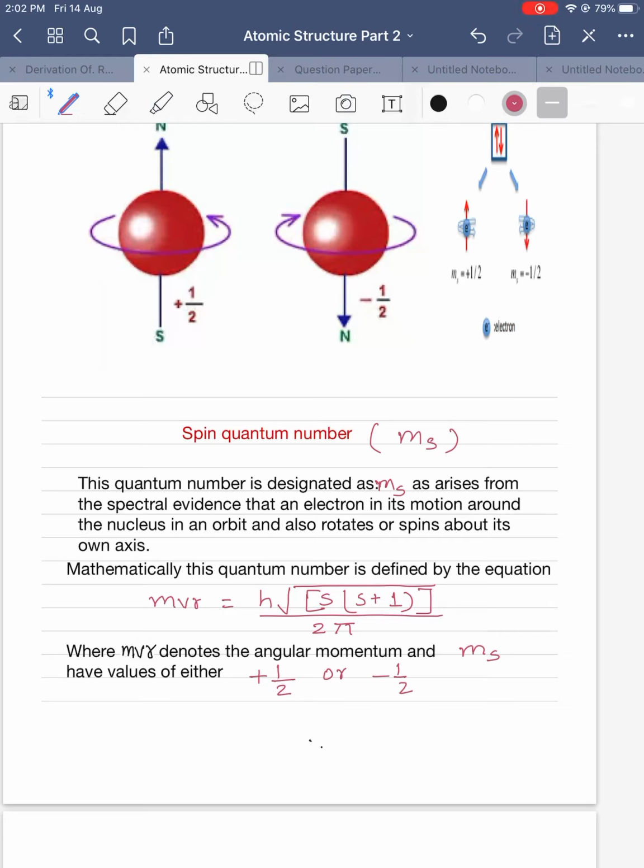Thus, the spin quantum number describes the direction of spin. When the angular momentum is positive, the electron is oriented as spin up, and when it is negative, the orientation is spin down. Clockwise and anti-clockwise spins of electrons about their own axis produce opposite magnetic fields.